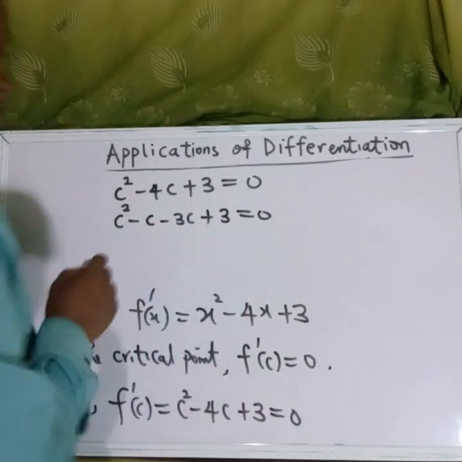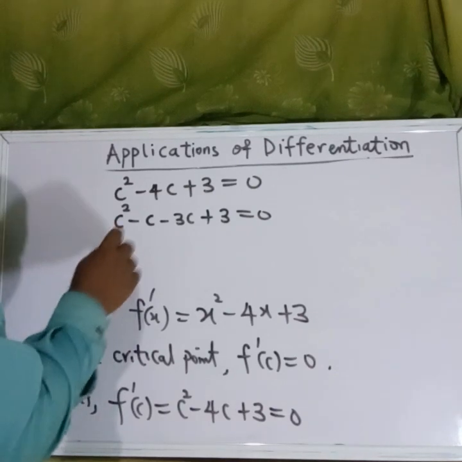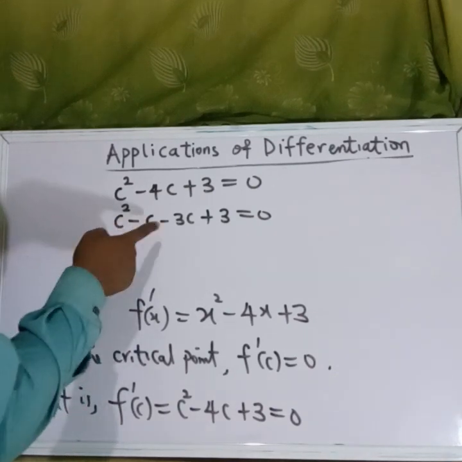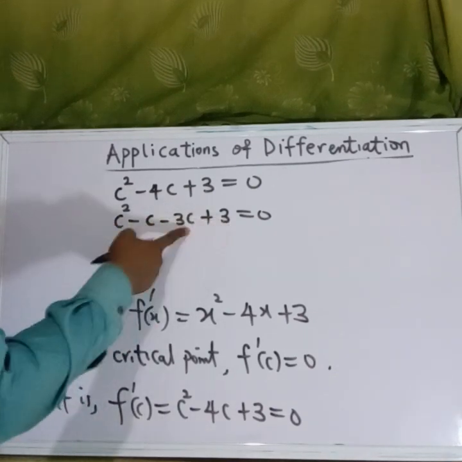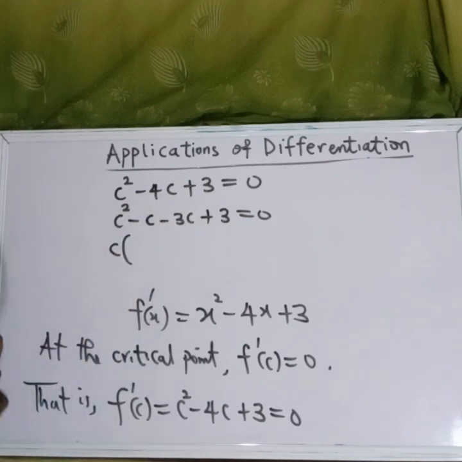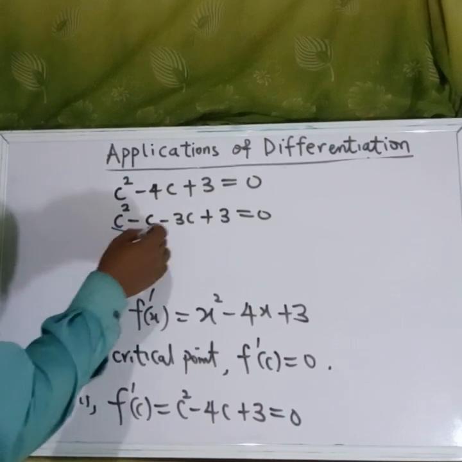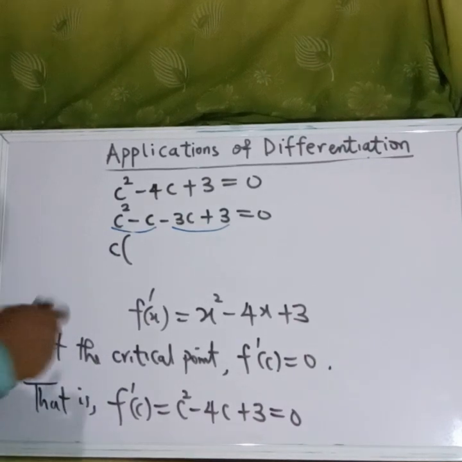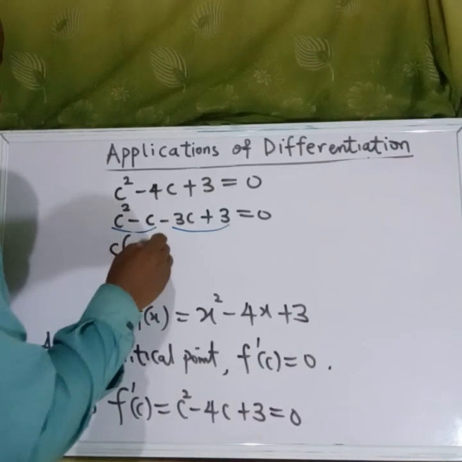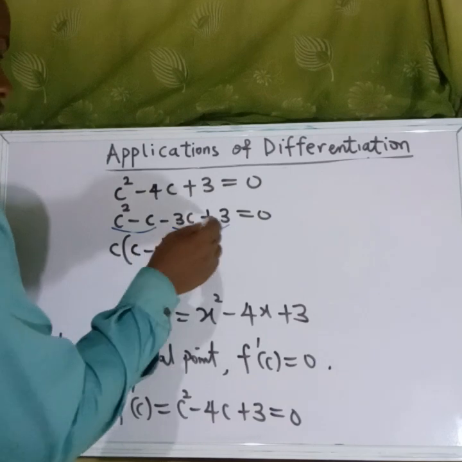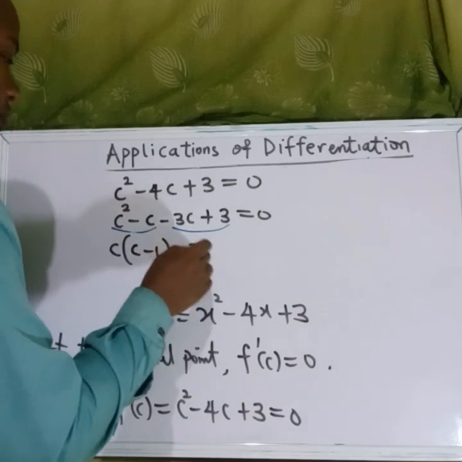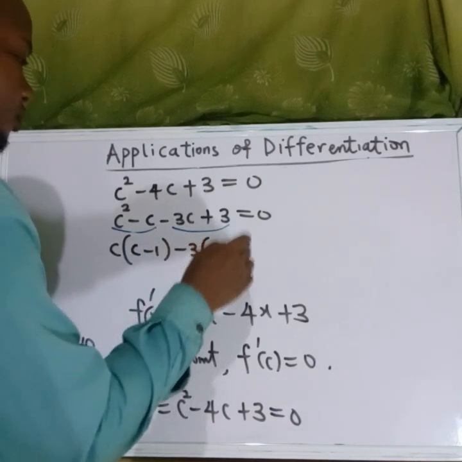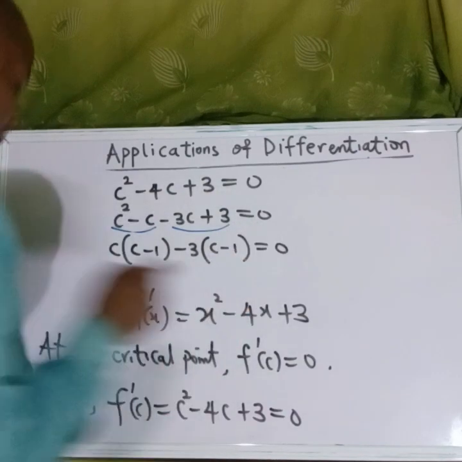equals 0. So this will be c into, we are grouping this into two terms, c minus 1. Again, negative 3 is common here, so this will be c minus 1 equals 0.